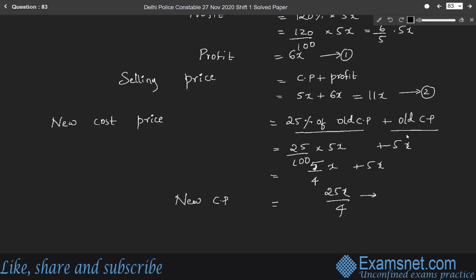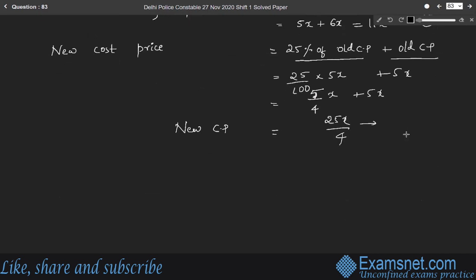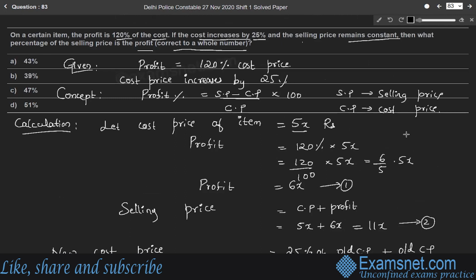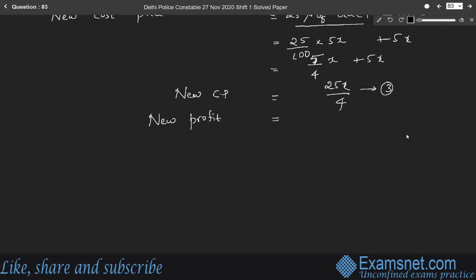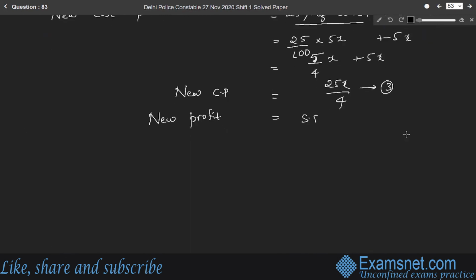Let us consider this as equation 3. If the new cost price is 25x by 4, then new profit, since the selling price remains constant, is equal to SP minus CP.